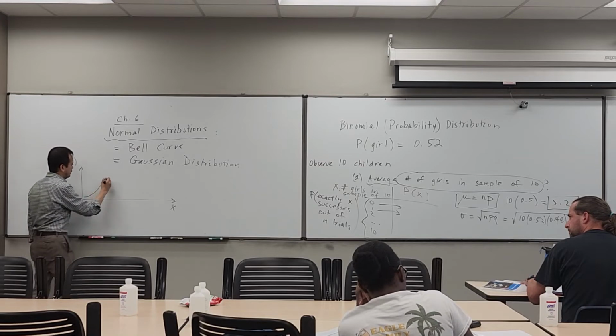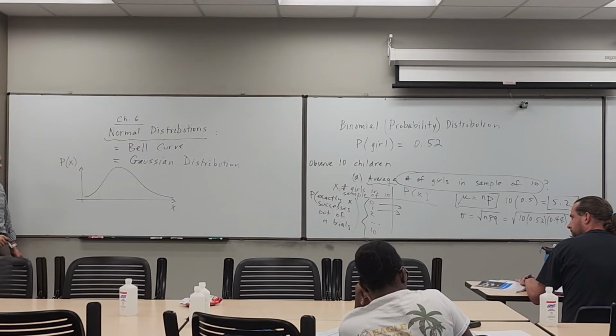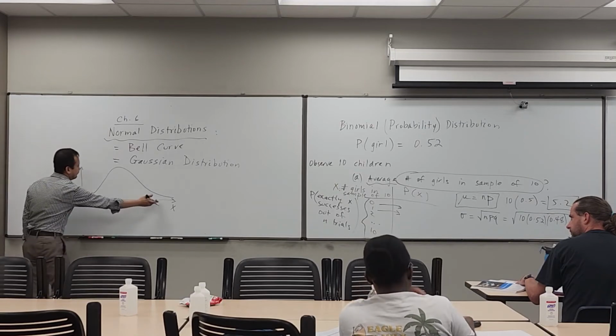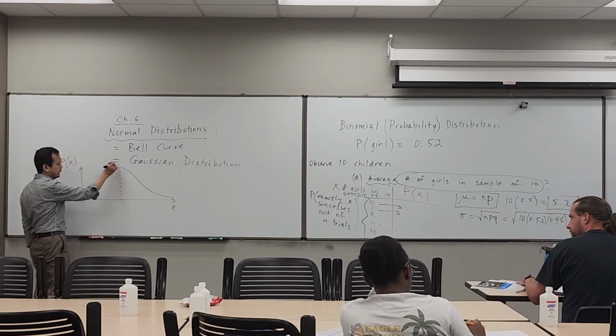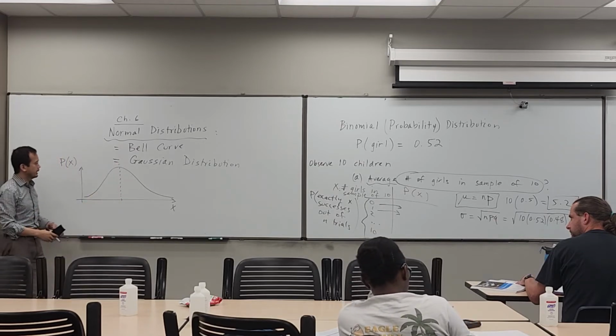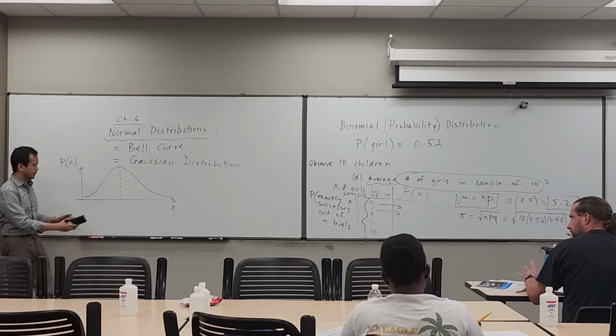The bell curve has a bell shape, where there's some value of x that has the most representation, the highest probability. And as you move away from that value, you have less and less representation, the further away you are from the mean.